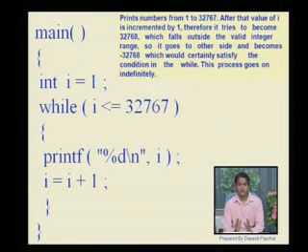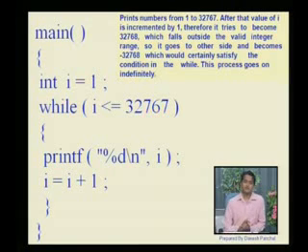This statement will be executed up to 32767 times, and after that it will increase the value of variable I to 32768, but that is outside the boundary of this integer data type.